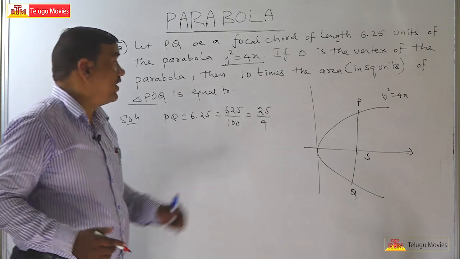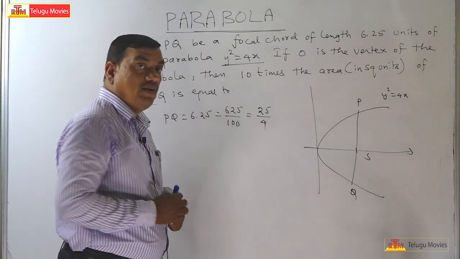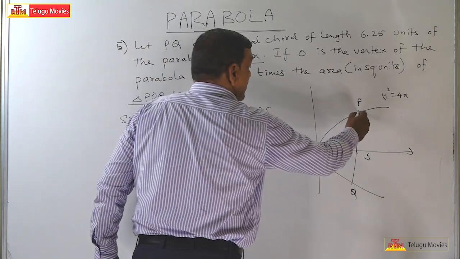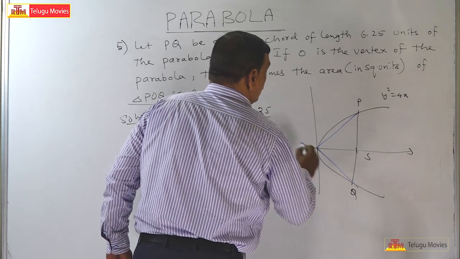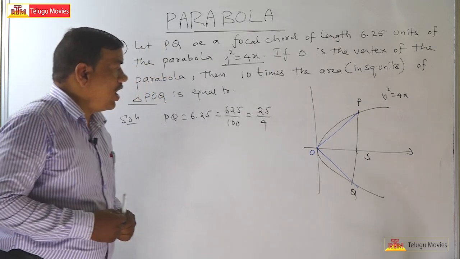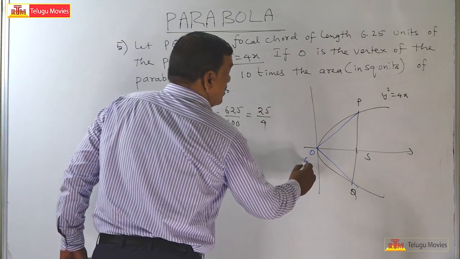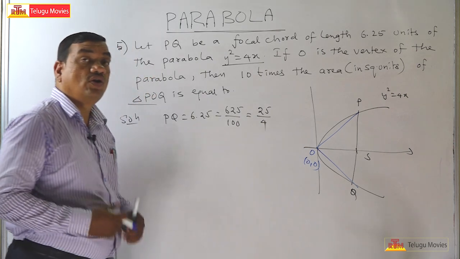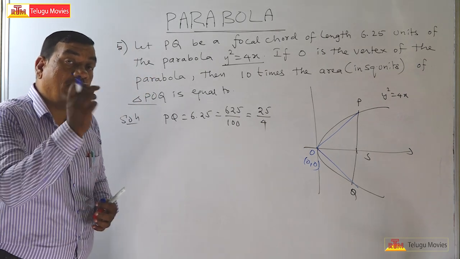Then we are asked to find the area of the triangle POQ. O is the vertex, and the coordinates of O are 0 comma 0. Now we will go for the parametric point.